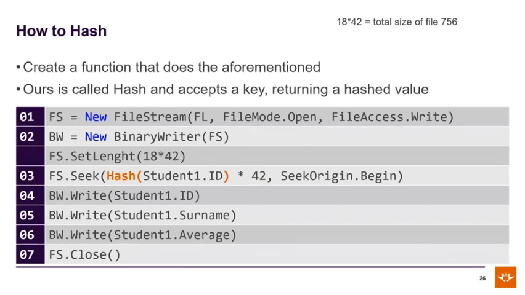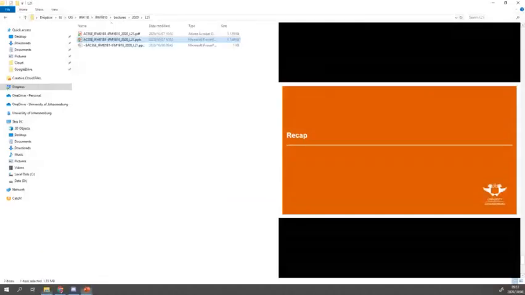Now, in this case, we know it's 18 by 42, but because of the dynamic nature in which you'll be writing data, you'll most likely use a variable indicating your record size, and a record number indicating how many records you have. Because there will be a set value for you. It's not going to be something you can just type out if it's given to you, but ideally, because we want to keep our programs as dynamic as possible, you can just write out the values themselves.